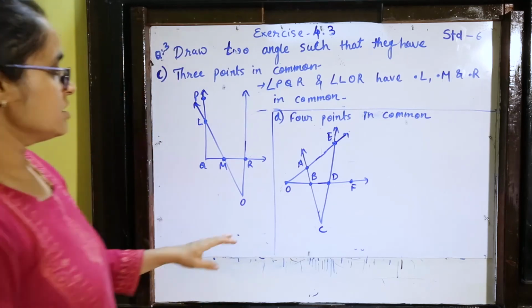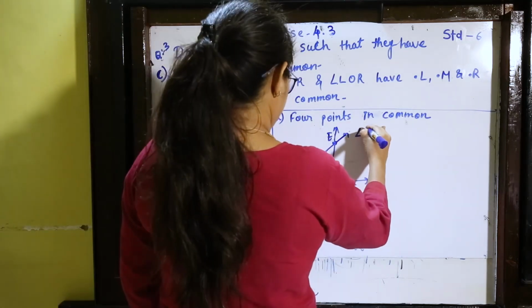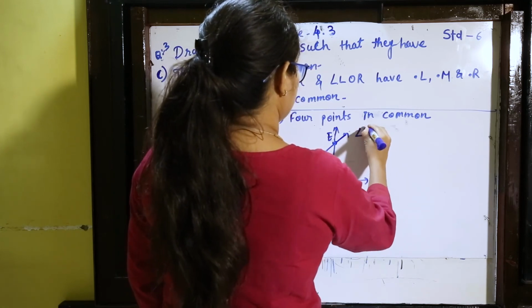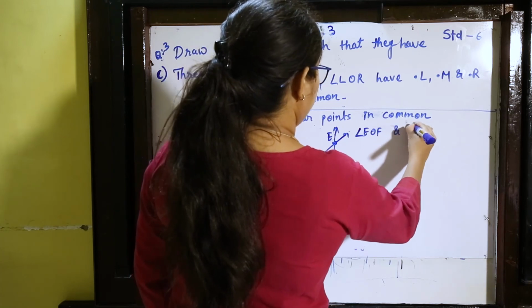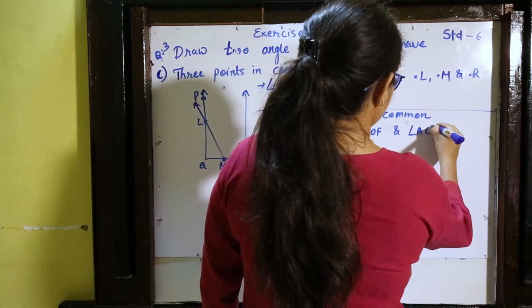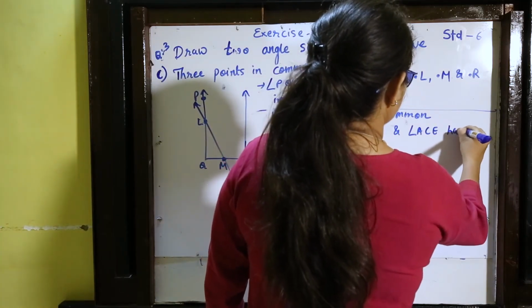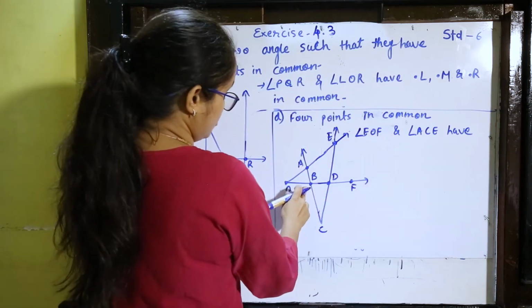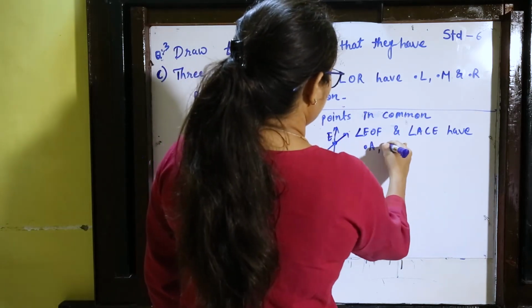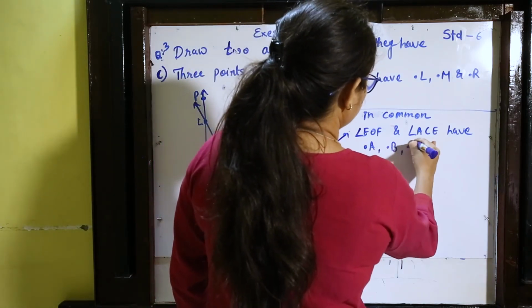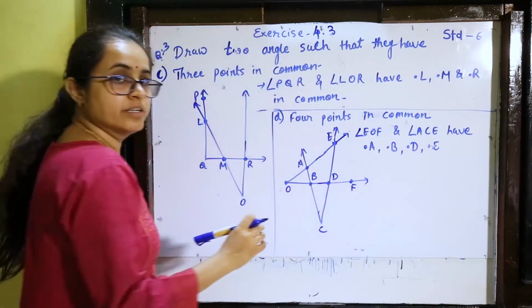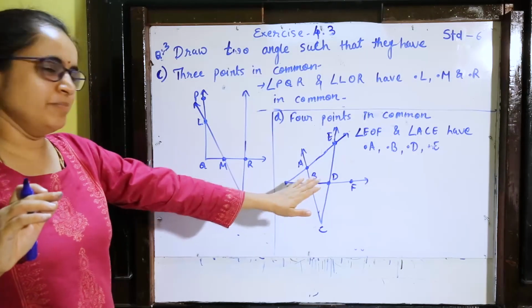Okay, so this is how 4 points in angle EOF and angle ACE have point A, point B, point D and point E. See over here, I'm so sorry if I have covered the part.